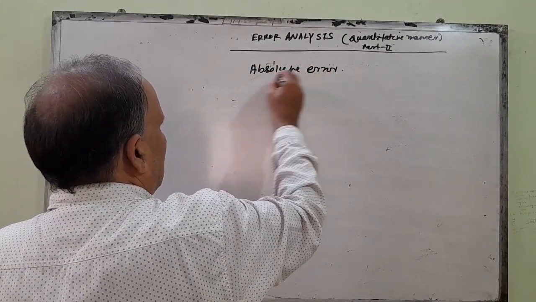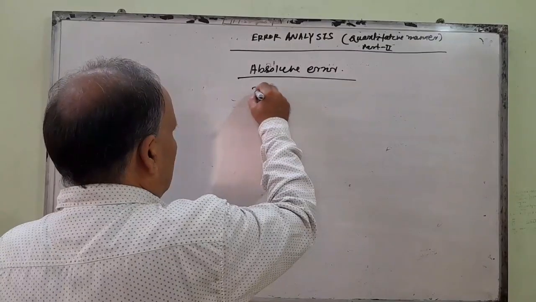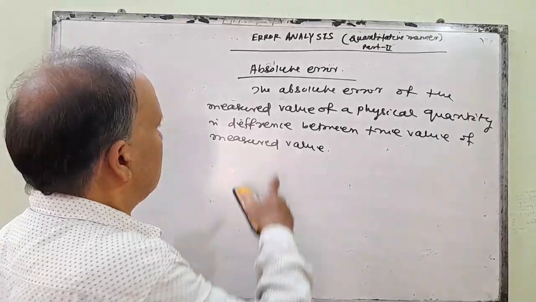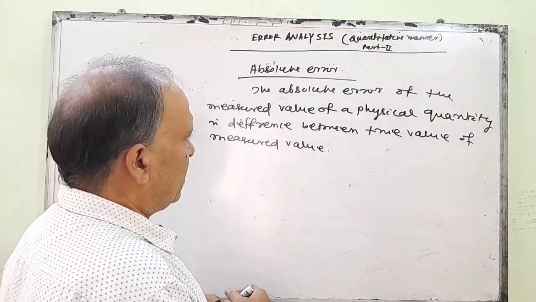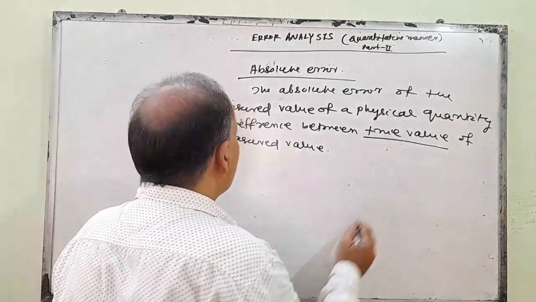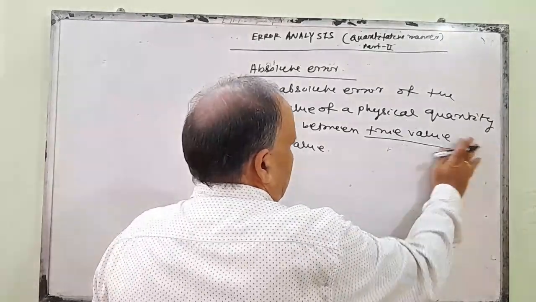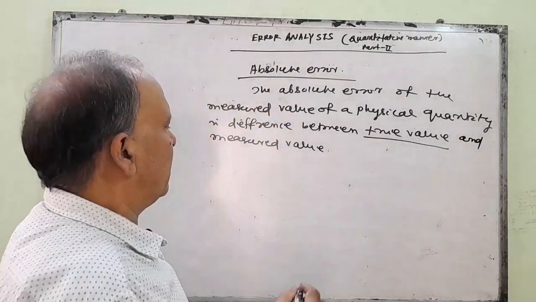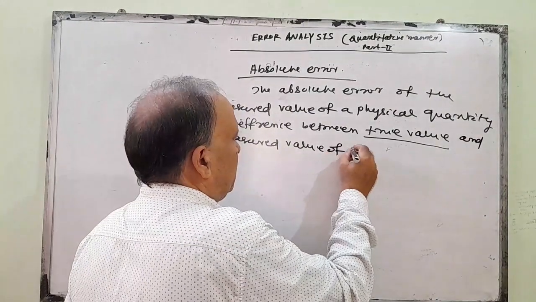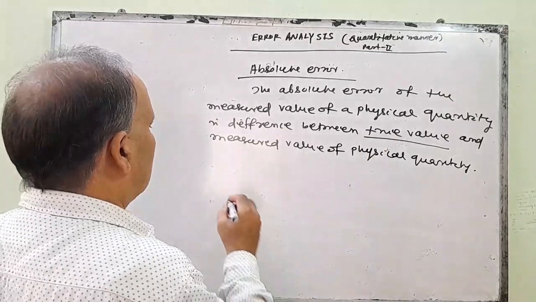Absolute error. What is absolute error? The absolute error of the measured value of a physical quantity is the difference between true value and measured value of the physical quantity. What is the true value of a physical quantity?